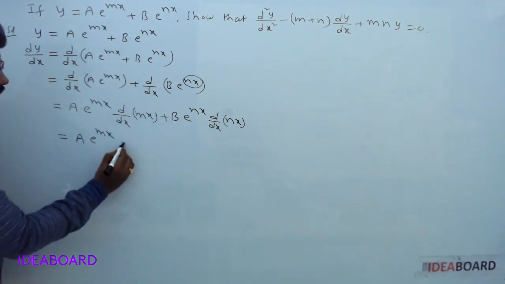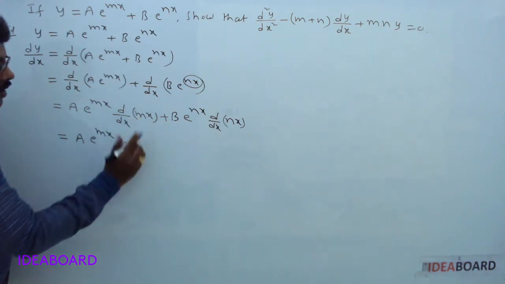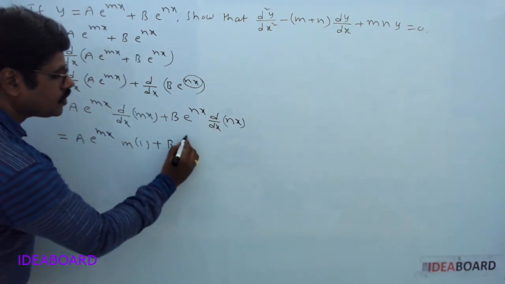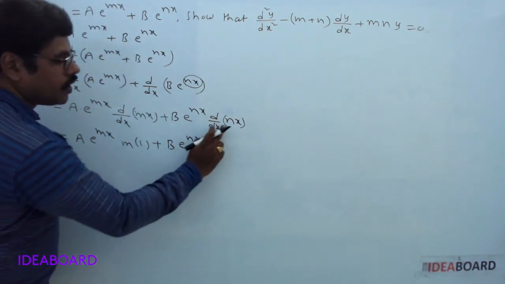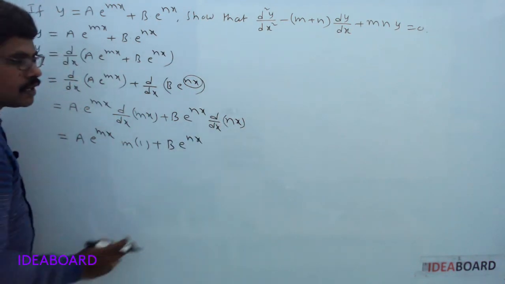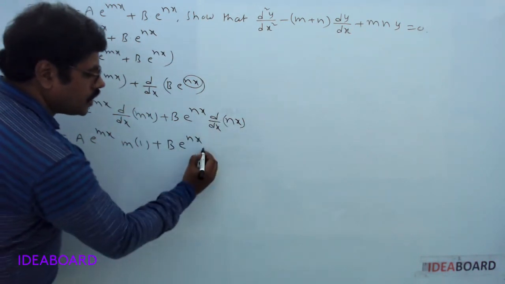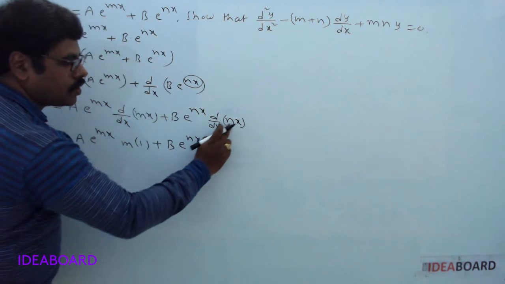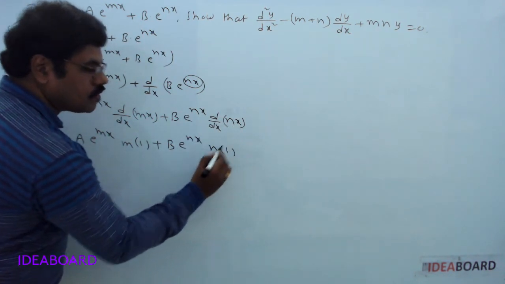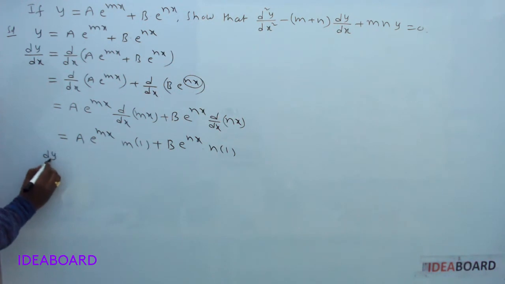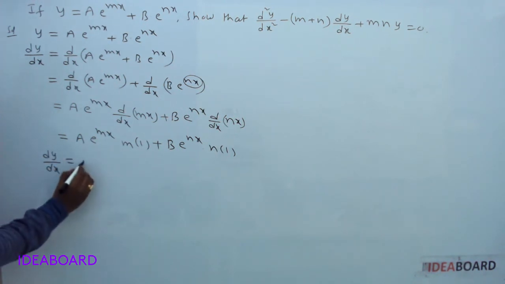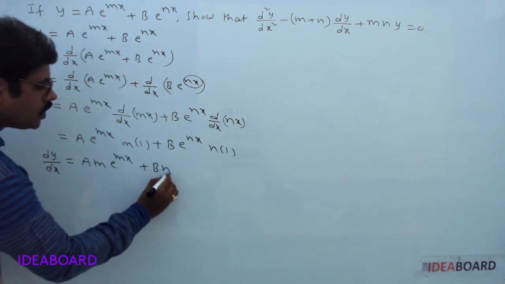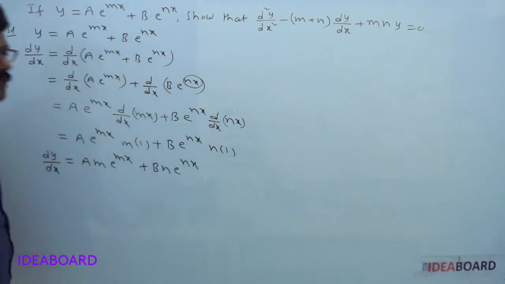Derivative of mx is nothing but m into derivative of x. Derivative of x is nothing but 1 plus b into e power nx into derivative of nx. Here n is the constant term, so this can be expressed as n into derivative of x. So derivative of any variable with respect to the same variable is 1. So therefore dy by dx is equals to am into e power mx plus bn into e power nx.